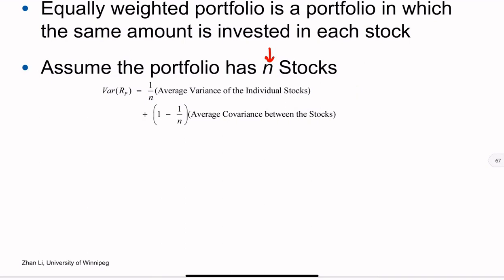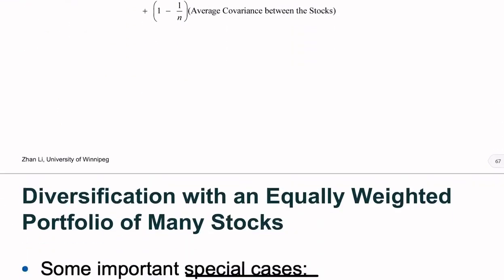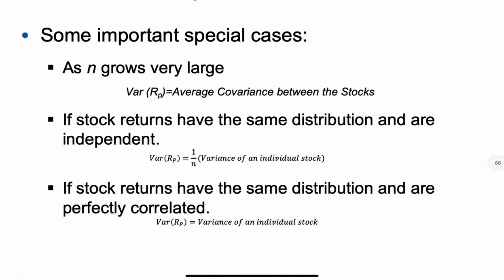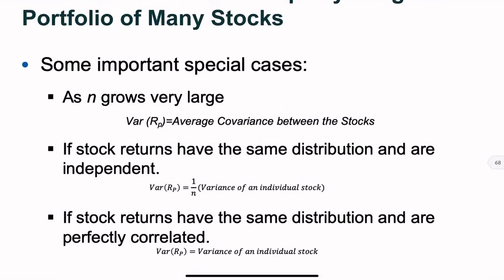Okay, now let's see several special cases. So here you can see that we have 3 important special cases. The first case is if N becomes very large, that is, you have hundreds of thousands of different stocks in your portfolio.